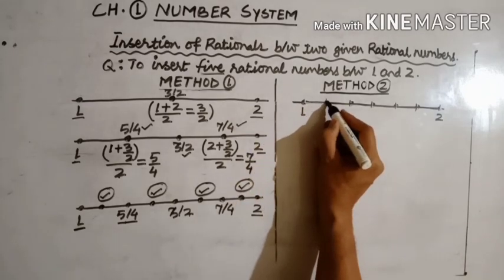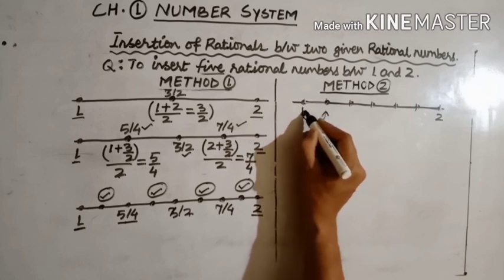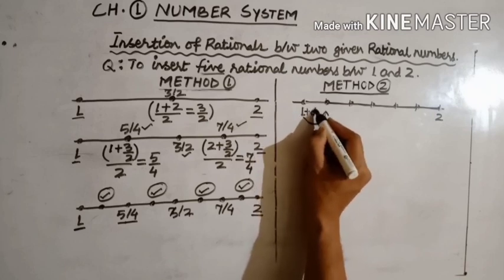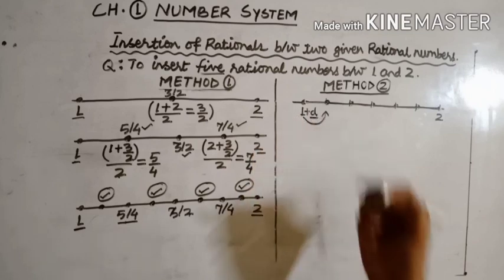So in order to find the rational number just after 1, we have to add something to 1. So let's calculate this something.